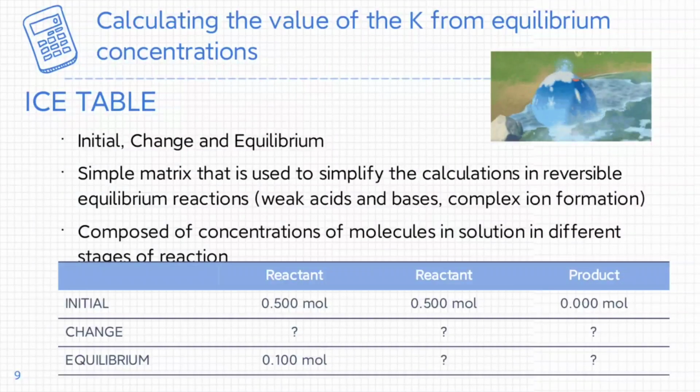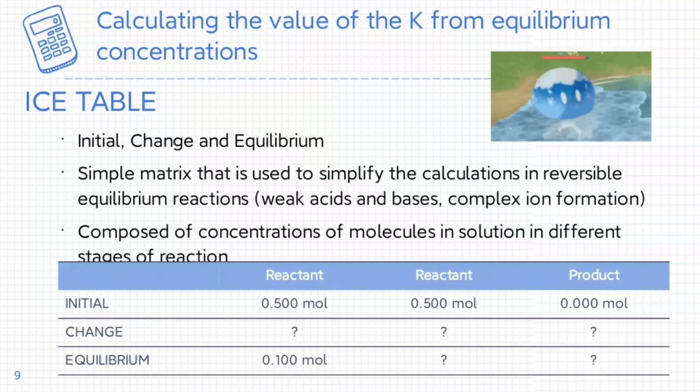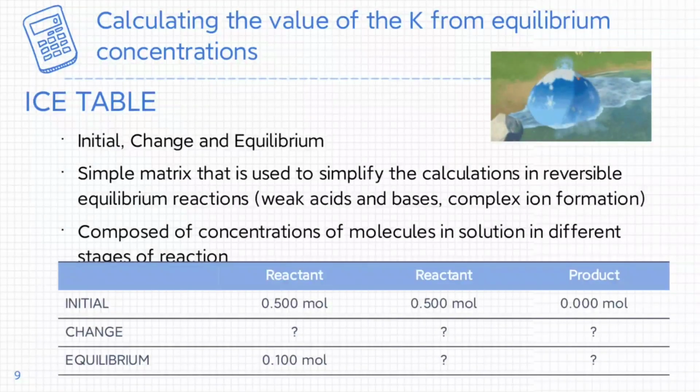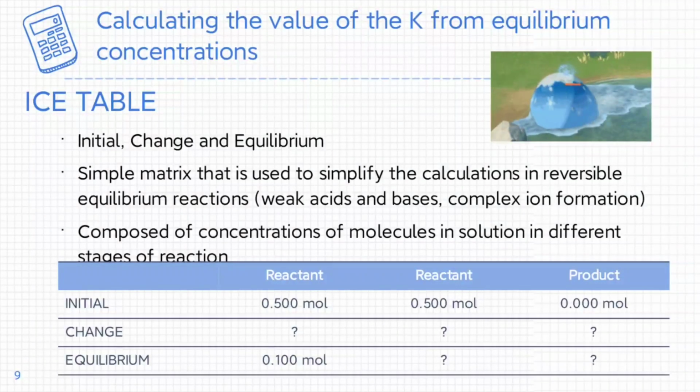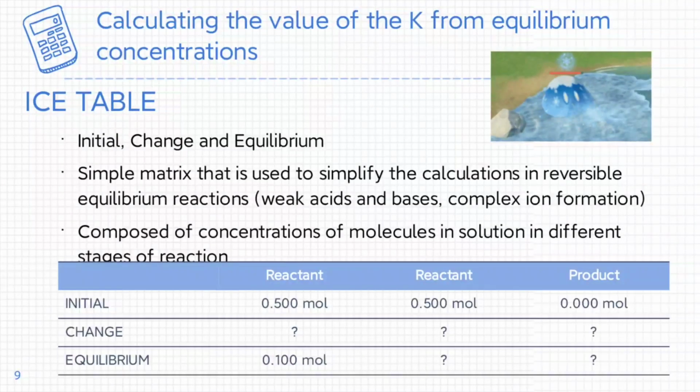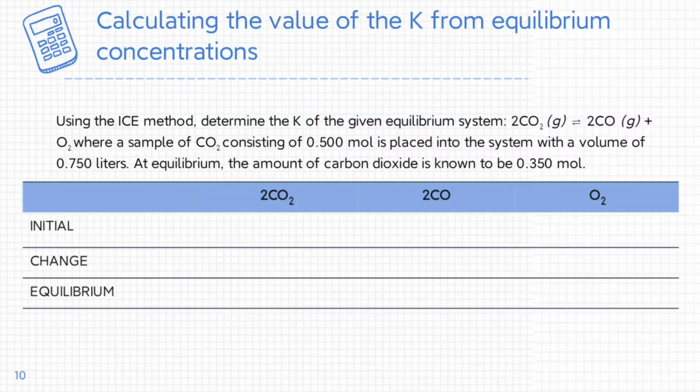Okay, so it is composed of concentrations of molecules in solution in different stages of reaction. Yung stages, yung initial, yung change, and then lastly the equilibrium. Now, let's try for the first problem. Sabi niya, using the ICE method, determine the equilibrium constant of the given equilibrium system.